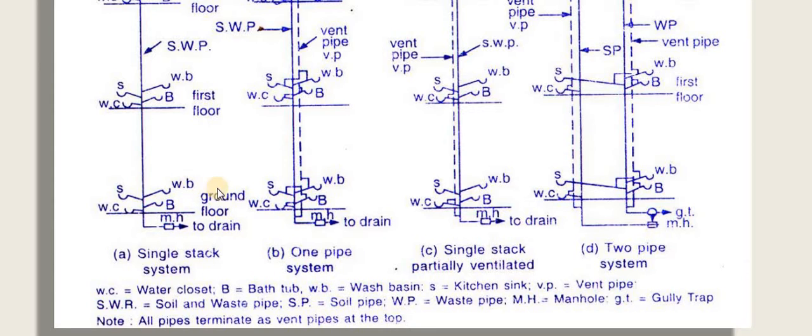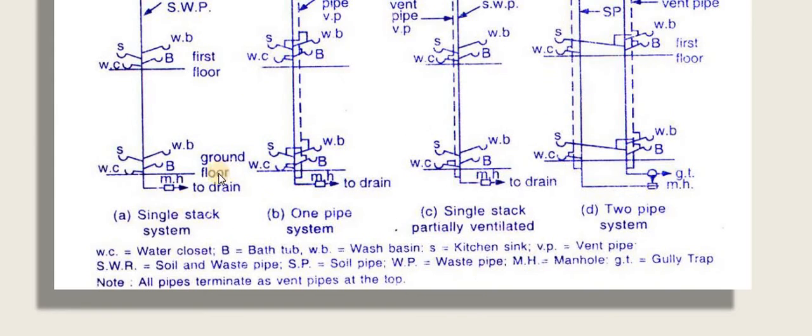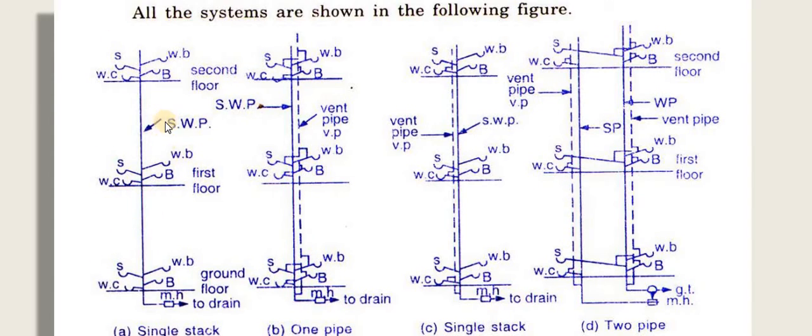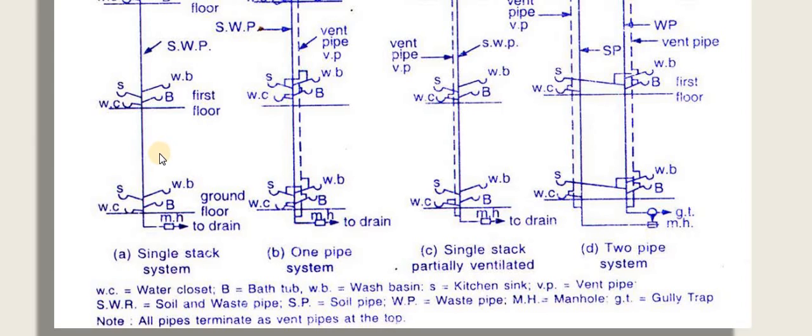Wash basins. What is S? Sinks. What is VP? Ventilation pipe. SWR is soil and waste pipe. SP is soil pipe. WP is waste pipe. MH is manhole, and GT is gully traps. Note all pipes terminate as waste pipe at the top. So we will see one by one its theory and its figure.